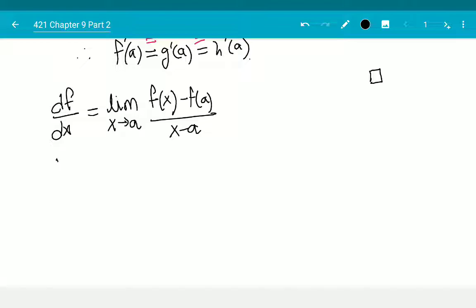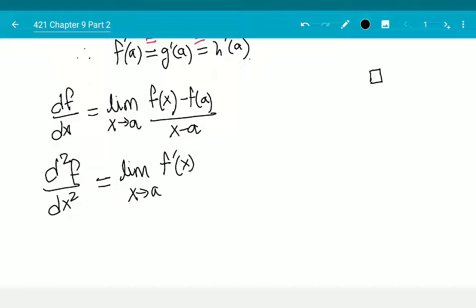And I can define the second derivative, d squared over dx squared of f, as the derivative of the first derivative. So f prime of x minus f prime of a over x minus a.